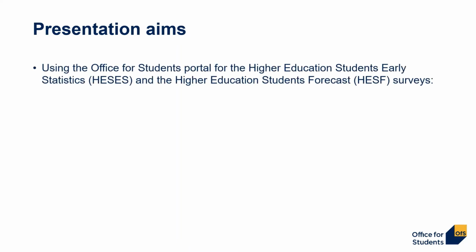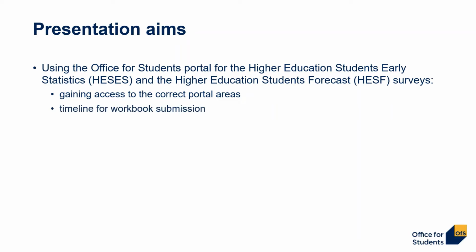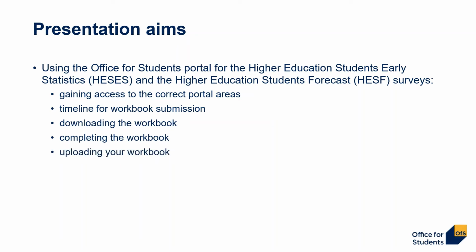This session will cover using the portal for HESES and HESEF. We'll look at gaining access to the correct portal areas, the timeline for workbook submission, downloading the workbook, completing it, and then uploading the workbook, the results package, and the use of the portal after the submission deadline.